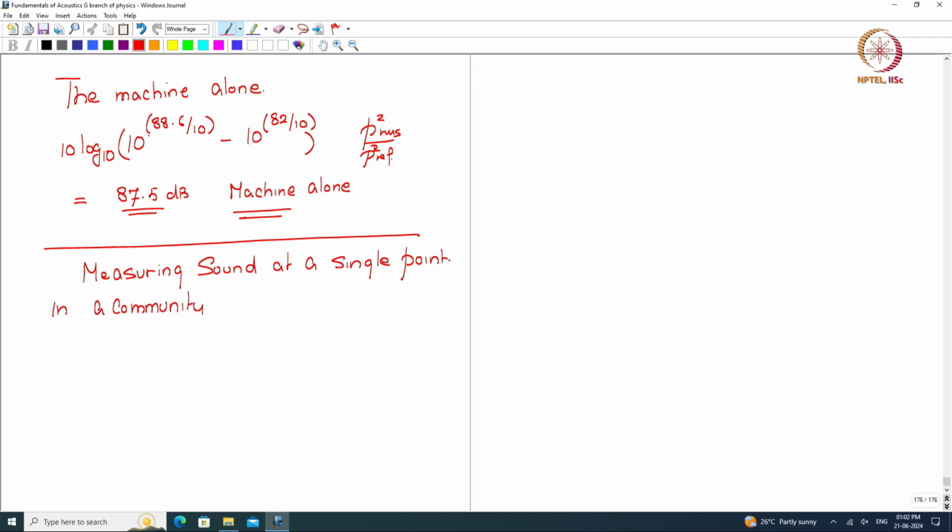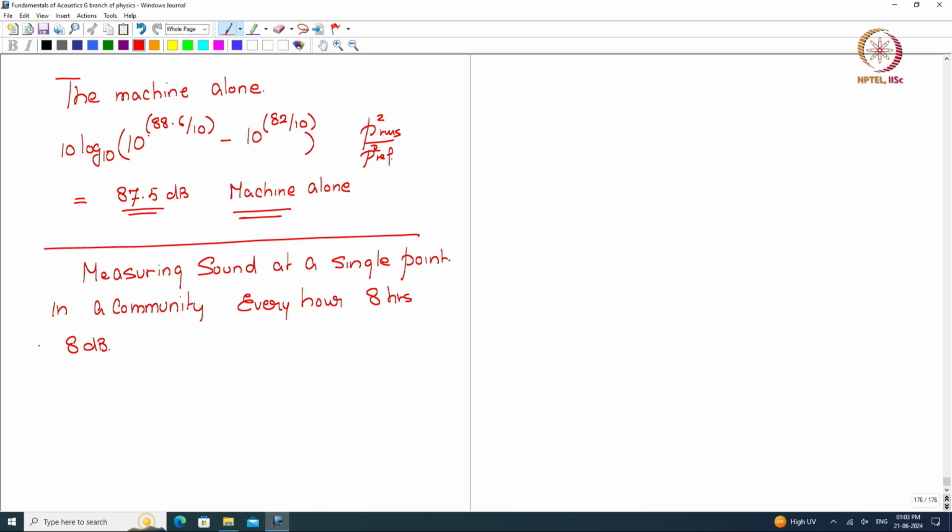Somebody has complained that there is a high sound level here throughout the day, something has to be done, maybe it's near a hospital. So we are going to measure every hour, let's say for 8 hours at the same single point. Now we have 8 dB values. So what do we do?